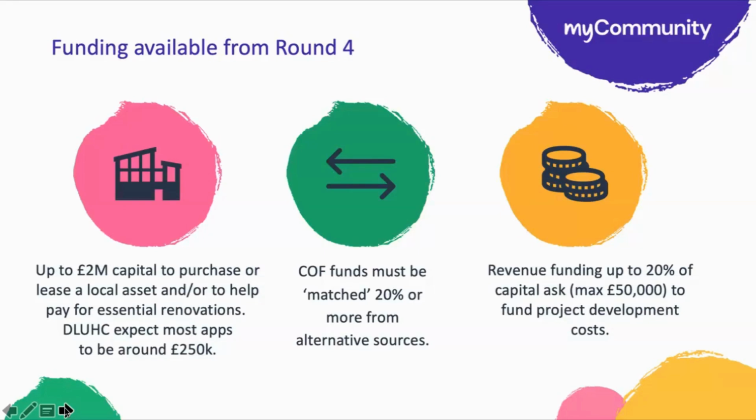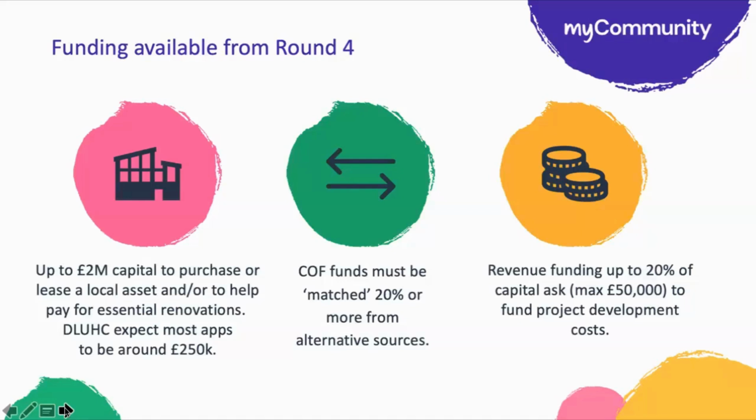The revenue funding could cover all sorts of things, but it's designed really to support your business, particularly in the first year. So for instance, it might pay towards your salary costs or wage costs for the first year. If you've got a complex renovation or build project, it maybe would pay for a project manager. It's that sort of thing that COF expect you to apply for.